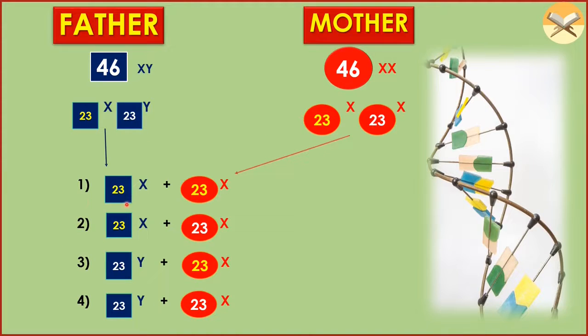In the first case, the cross is made between the first gamete of the father and the first gamete of the mother. In the second case, between the first gamete of the father and the second gamete of the mother. In the third case, between the second gamete of the father and the first gamete of the mother. In the fourth case, the second gamete of the father is crossed with the second gamete of the mother. So these are the four cases according to the law of independent assortment. This is the reason that the gender of babies cannot be decided by their parents. It is a natural process and occurs randomly.